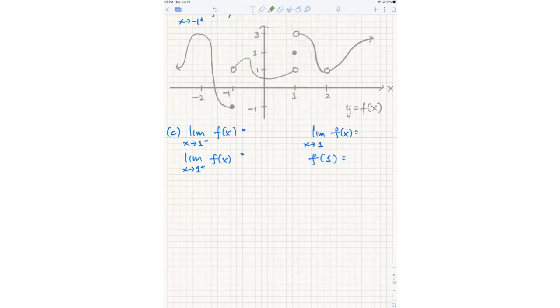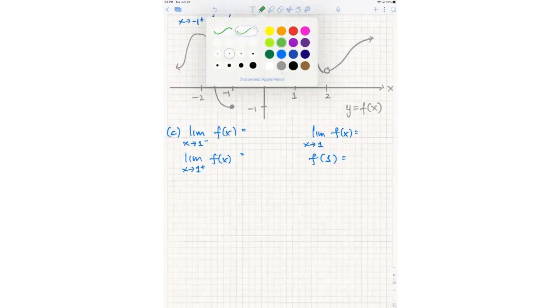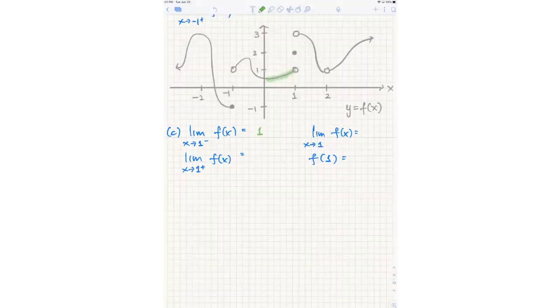Okay, so you can just write it in chat now, since we're running out of time. So x going to 1 from the left. What would we say the answer there is? 1. Good, right? We're just looking at this green part of the graph. 1. What about x approaching 1 from the right?